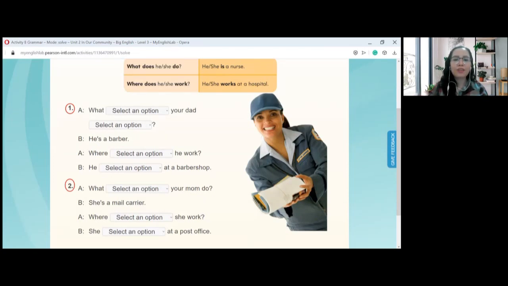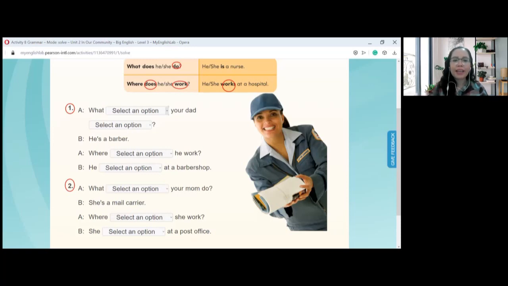They are do, does, work, or works. Yeah, so you have to use these words to complete the dialogue. Number 1, I gave you an example, yeah. Here on my screen, I just select an option, but in your workbook, you have to write the right verb, yeah.